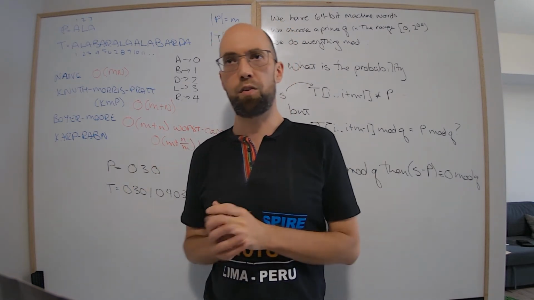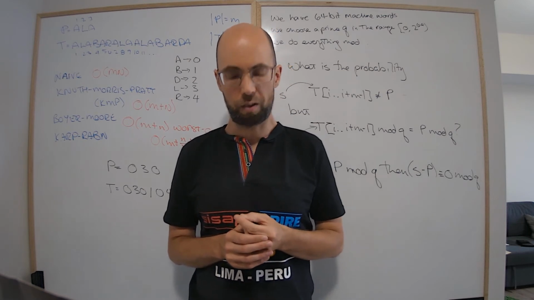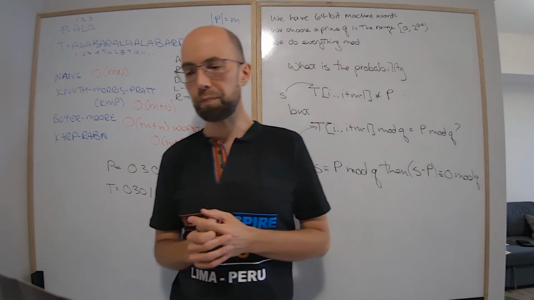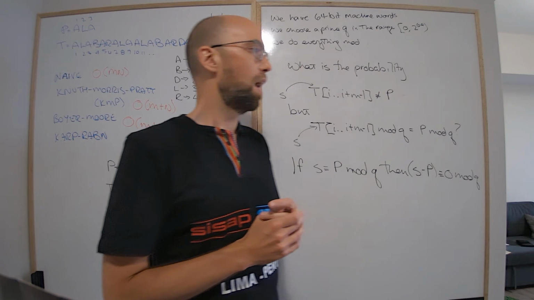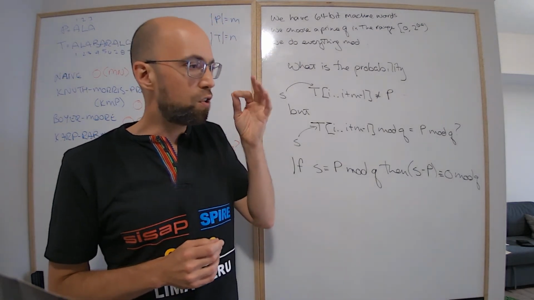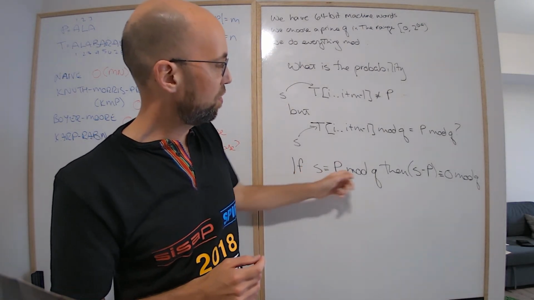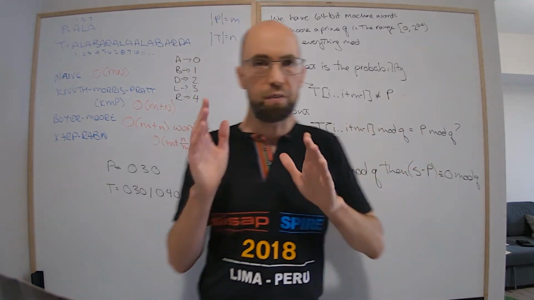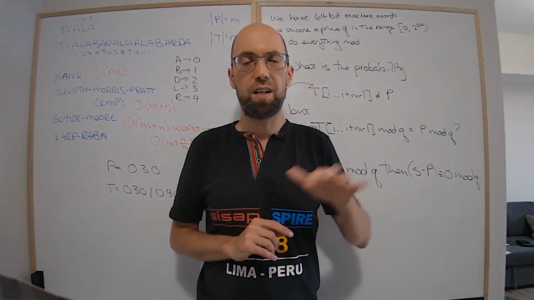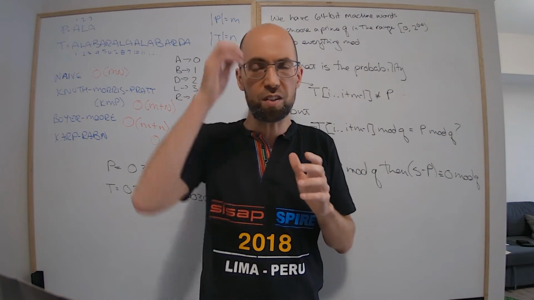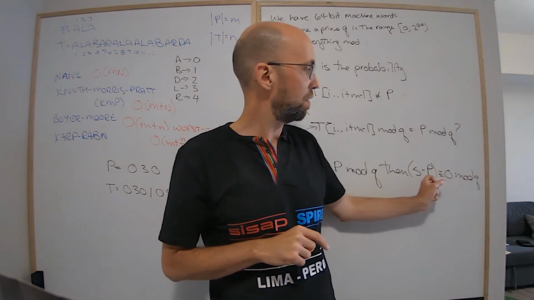So say uniformly at random, if we could actually do things uniformly at random, and we didn't have to rely on pseudo-random number generators. So this is a particular number, S minus P. We fixed this substring of T, and P is fixed. So what's the chance that we've chosen a Q that divides this number?